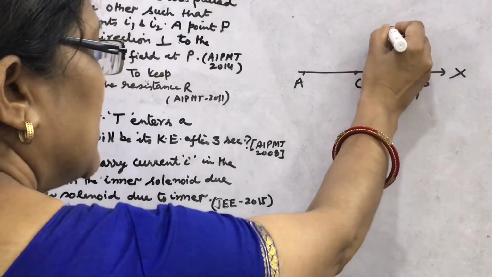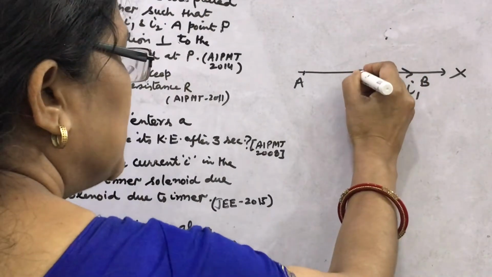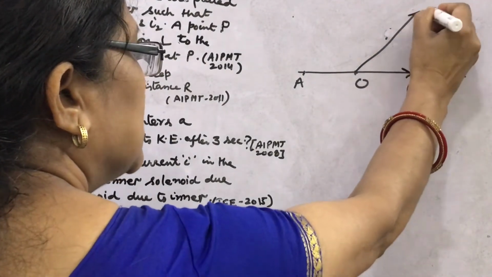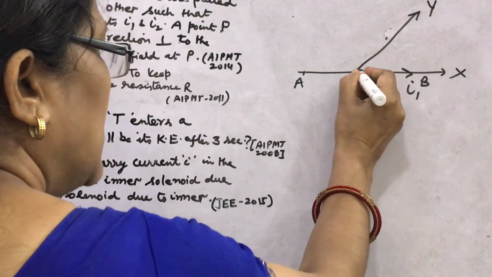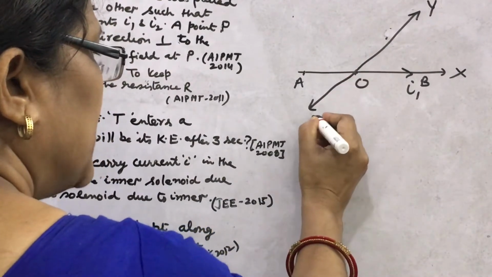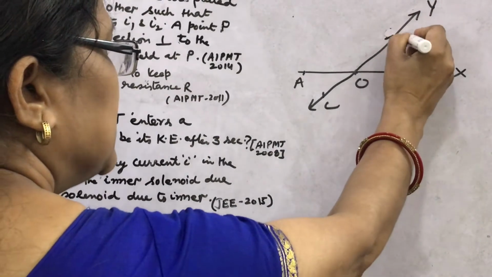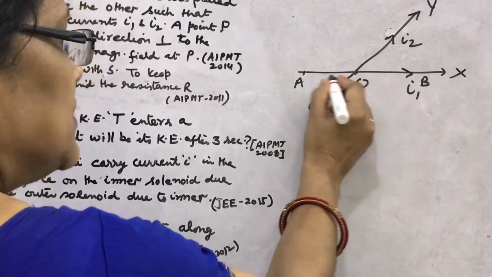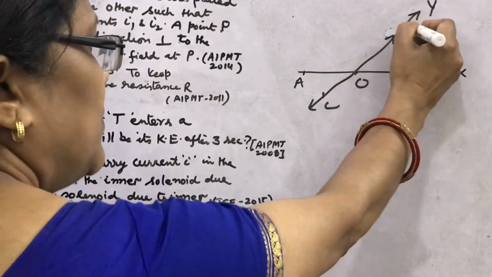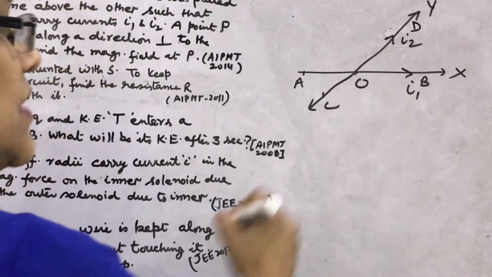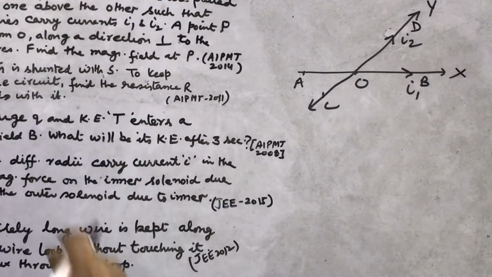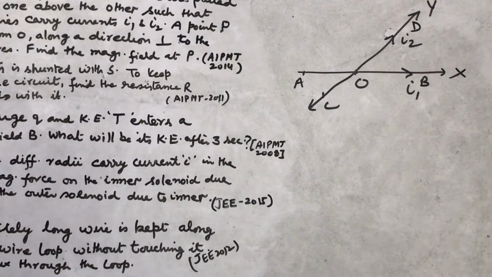Suppose this is the y axis passing through O, this is the plus y axis, and this will be the minus y axis. From here we can suppose that this is the current I2. So, this is AOB and COD, suppose this point is D. These are the two long conducting wires having current in this direction.